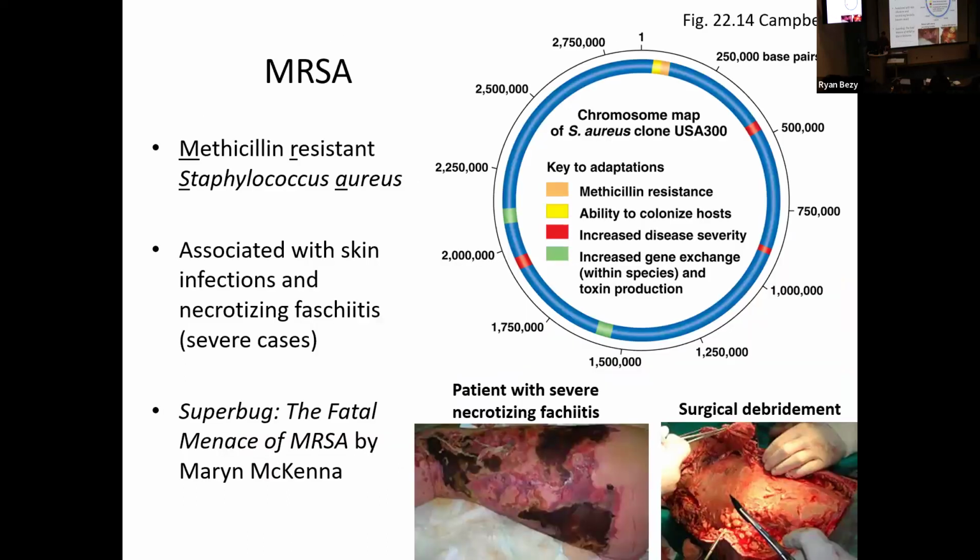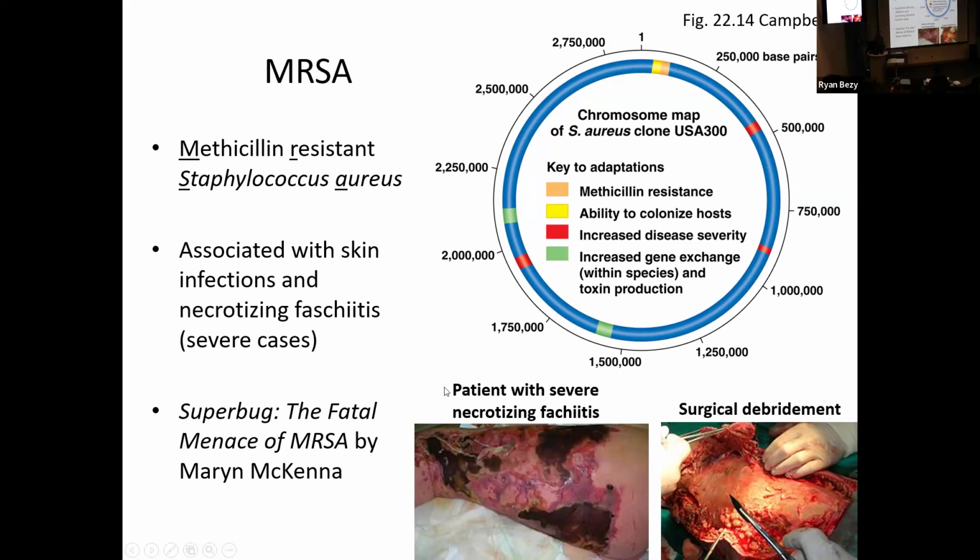And again, this is where I said I had some nastier slides. Methicillin-resistant Staphylococcus aureus infections are particularly becoming more antibiotic resistant. They usually just cause pimples, abscesses, rash. Very, very rarely, they're associated with necrotizing fasciitis or flesh-eating bacteria.